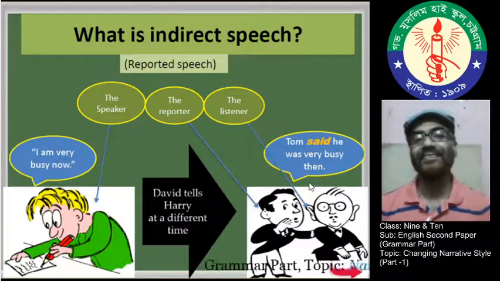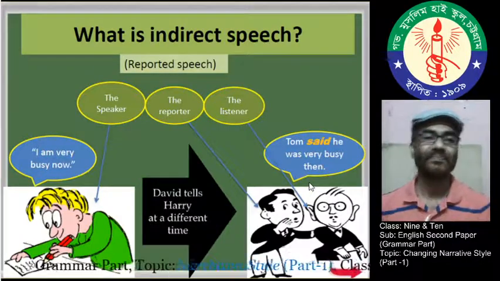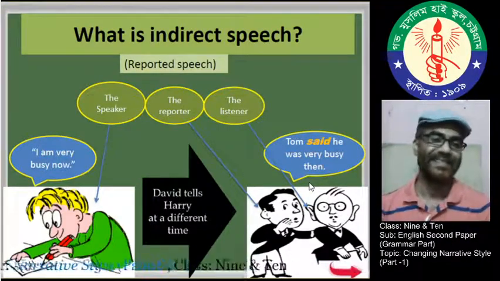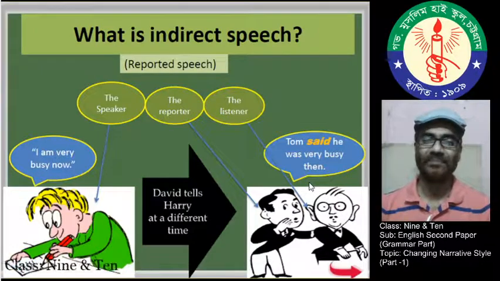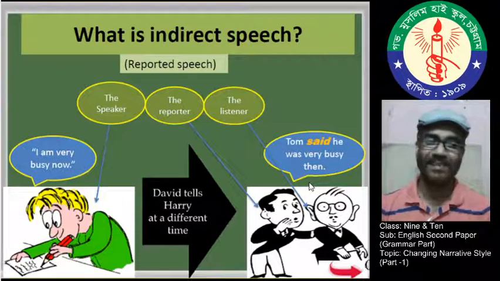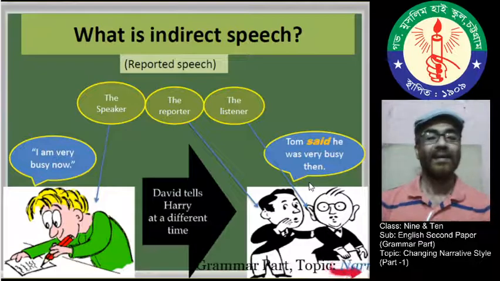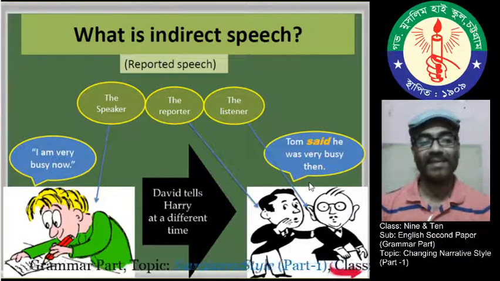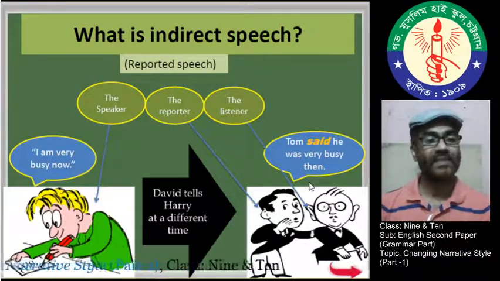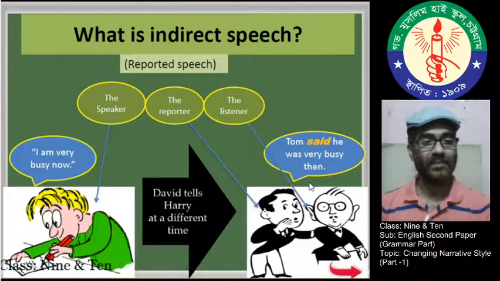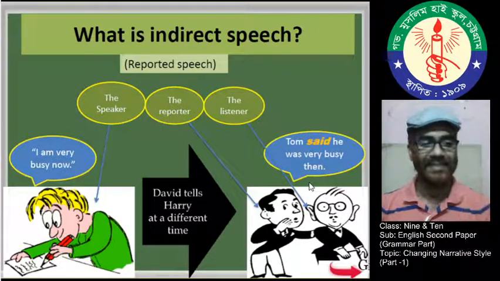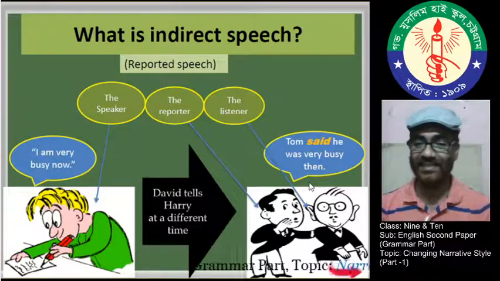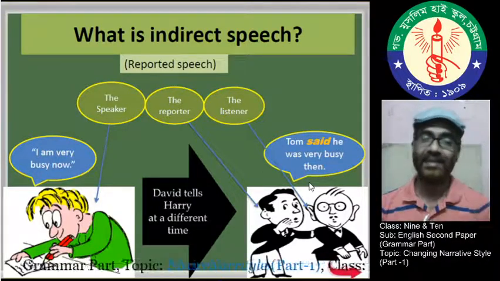Okay, let's move on to the next. Here is another picture for you. It's to understand indirect speech or reported speech. Okay, you see Tom said, "I am very busy now." He's the speaker. The reporter or the narrator is David. David tells this to Harry at a different time.